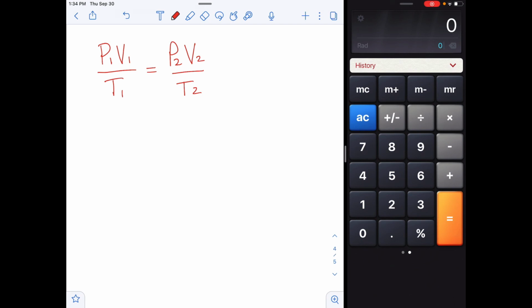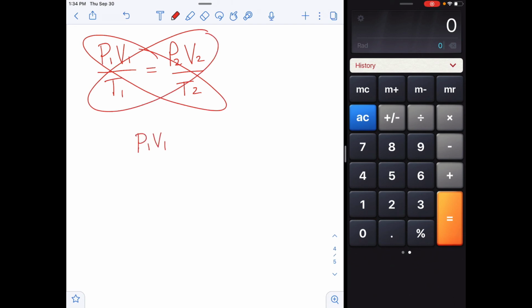The first thing you can do, if you'd like, is you can cross multiply these. So you can end up with P1 V1 T2 equals P2 V2 T1. People really like this because this way, if I have to solve for V2, I can simply divide by P2, divide by T1, and do the same on the left-hand side.